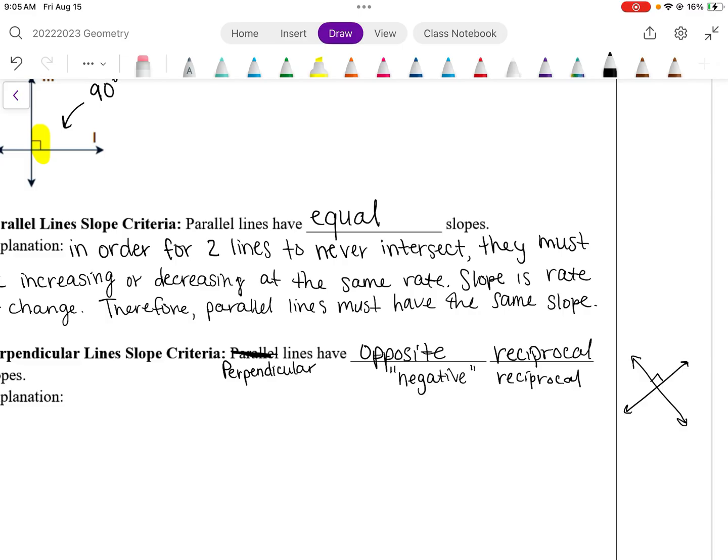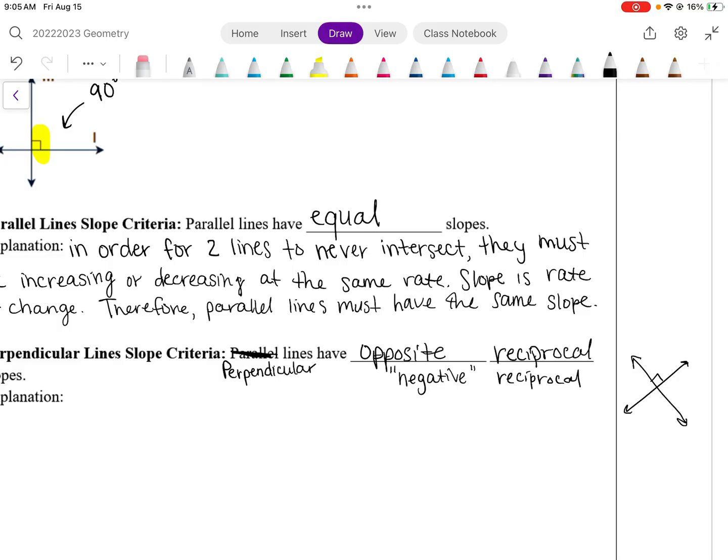So the signs have to change. And look at this picture I drew over here. We talked about how if the line is going downhill, it has a negative slope. If it's going uphill, it has a positive slope. In order for two lines to intersect like this, one of them has to be going uphill, one has to be going downhill, unless it's horizontal and vertical, okay? So that's what the opposite or negative part means.